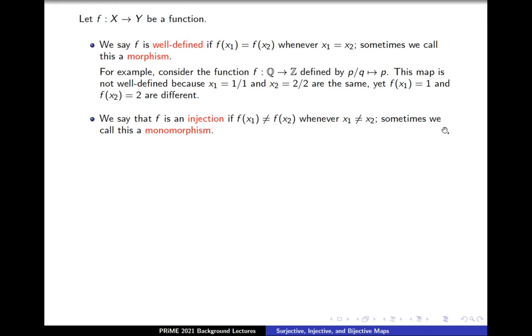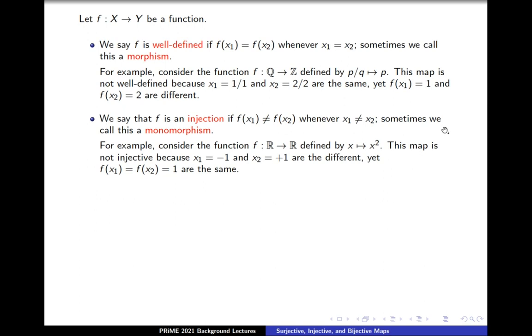We say that f is an injection if f of x1 is not equal to f of x2 whenever x1 is not equal to x2. Sometimes we will call this a monomorphism. For example, consider the function f from the real numbers to the real numbers, defined by little x maps to little x squared.